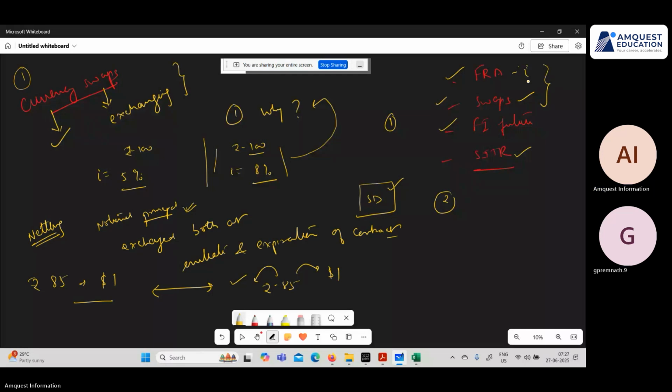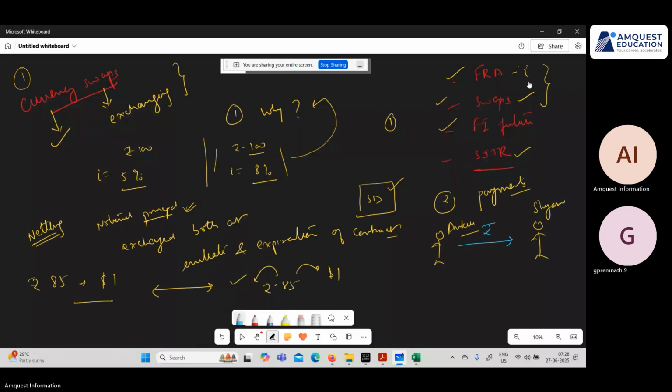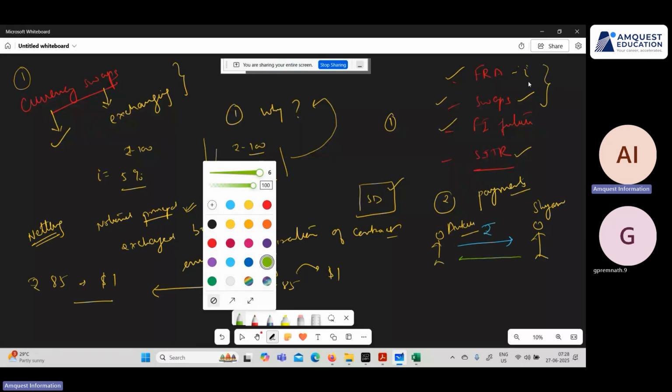Now, when it comes to payments, how it works is, this is Ankur and this is Shyam. In this case, Ankur is giving rupees and Ankur is getting dollars.